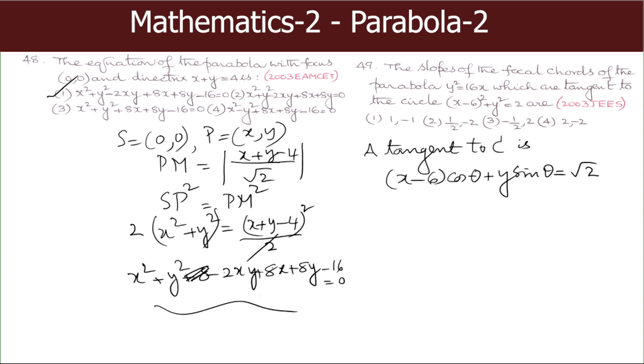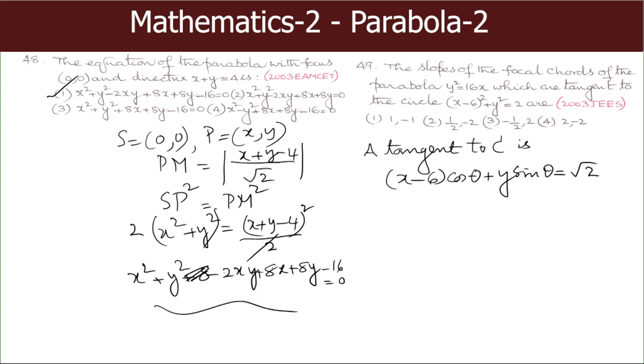So, r is root 2. So, any tangent to the circle is x minus x0 into cos theta plus y minus y0 into sin theta is equal to r. That is the equation of the tangent.